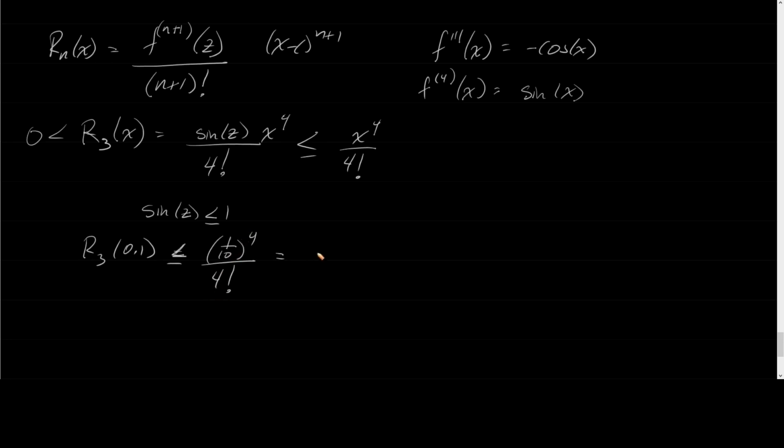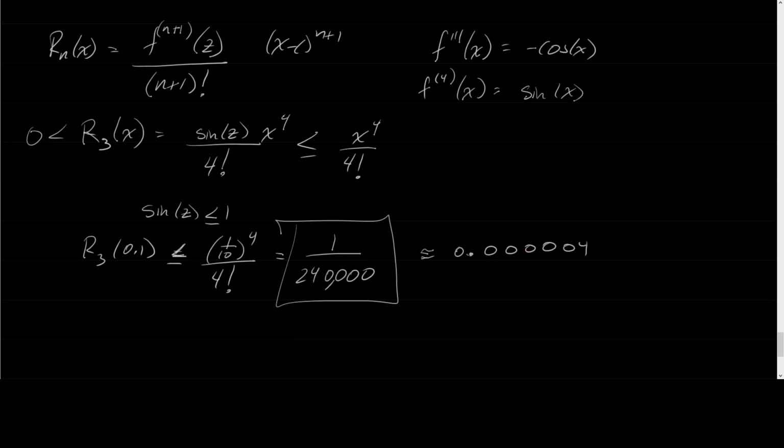So 1 over 10,000 times 24, so we have 24, and then 10,000 is 4 zeros. So that means that we're within that much of an error. As a decimal, this is approximately 0.000004. That's how close we are on our answer.